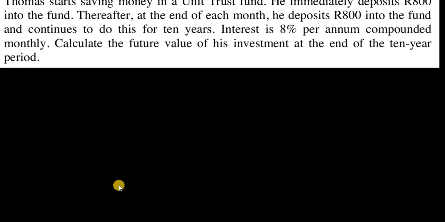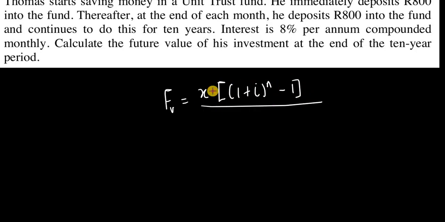So understanding of this question is quite crucial. We do know that we will use our formula. Future value is equal to X into 1 plus i to the power of n minus 1. Please, guys, how many brackets do we have? 1, 2, 3, 4.